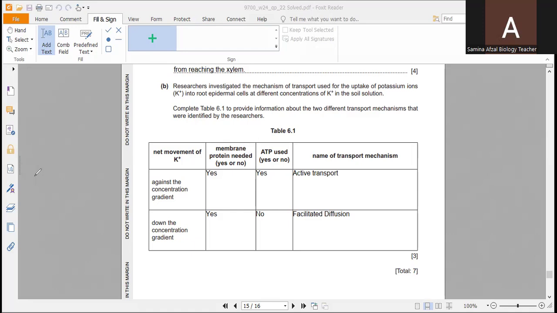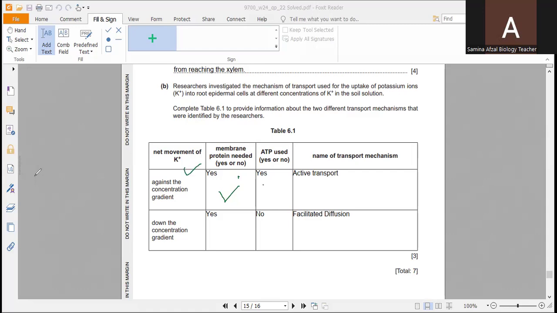The columns are: net movement of potassium, membrane protein needed yes or no, ATP used yes or no, and name of transport mechanism. Here you can see the first column: net movement of potassium ions against the concentration gradient. Membrane protein needed, yes, it is needed.